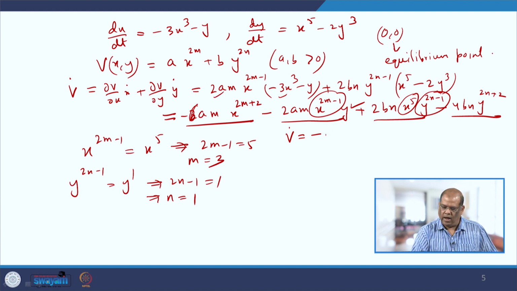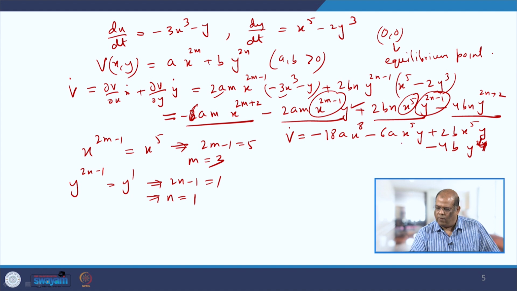So, minus 18a x to the power 8 minus 6a x to the power 5 y plus 2b x to the power 5 y and minus 4b y to the power 2n plus 2, so 4. So, you have got the powers of x and y the same, but now you have to choose your values of a and b in such a manner that these two cancel out.